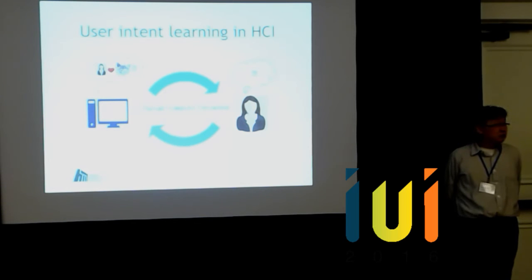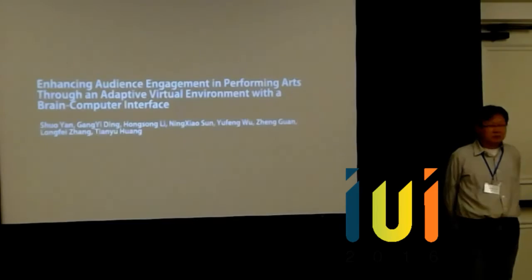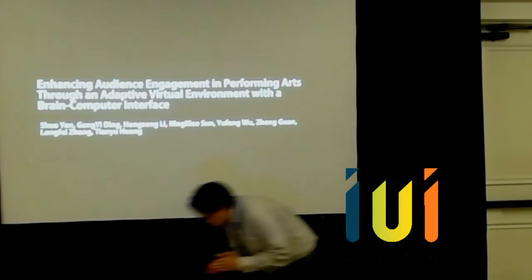Based on the user feedback, the system wants to learn and guess the intent of the user. Machines can solve this problem by solving a gambling problem, also known as the multi-arm bandit problem. If you're interested in the work, you can come and visit the poster.